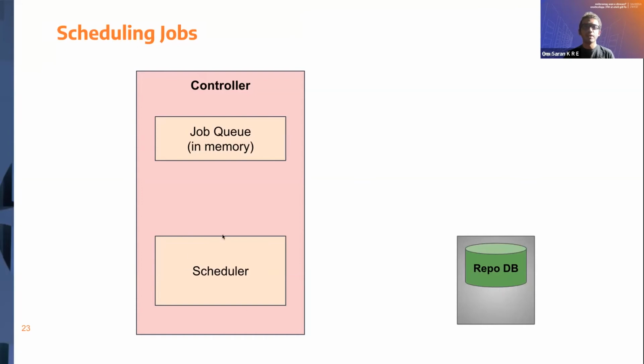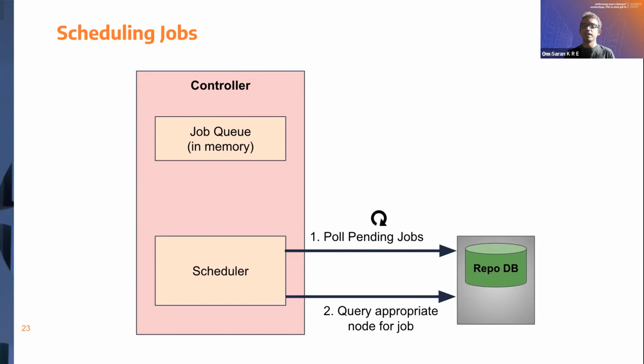So the scheduler in the controller keeps polling for pending jobs, and then it searches for the nodes that can satisfy the job's requirements. For example, the job may require a GPU. So when it searches for nodes for that job, it makes a query in such a way that a GPU is present in that node.